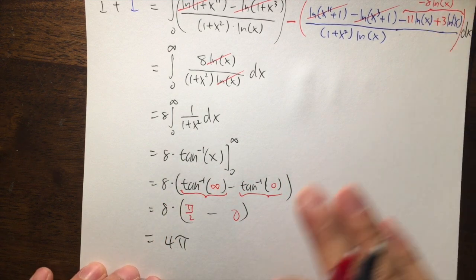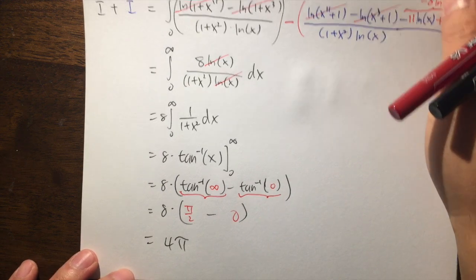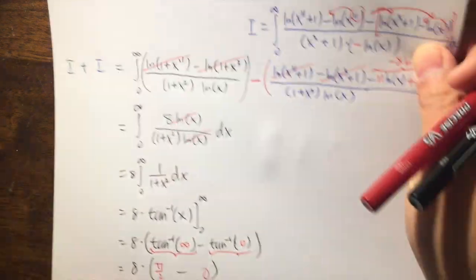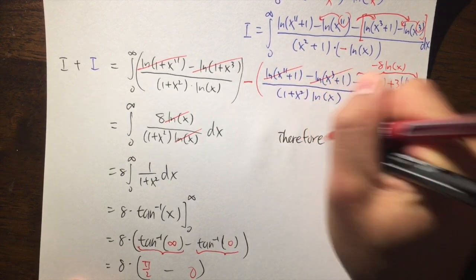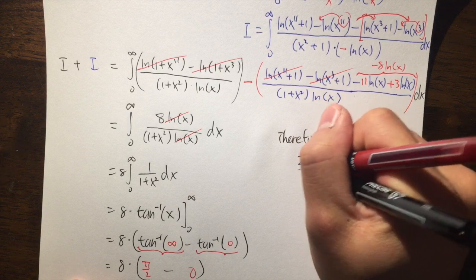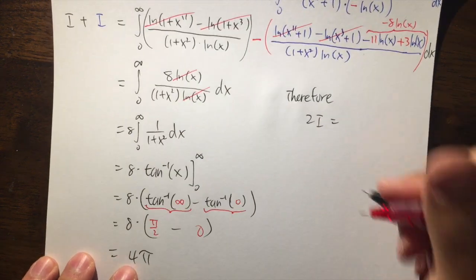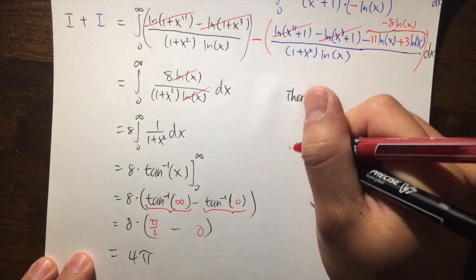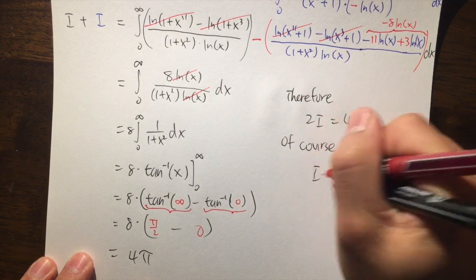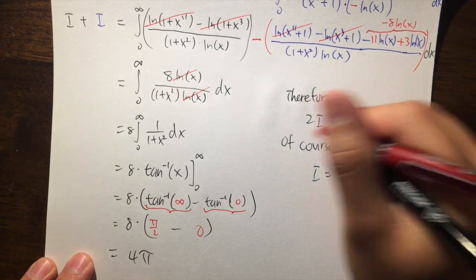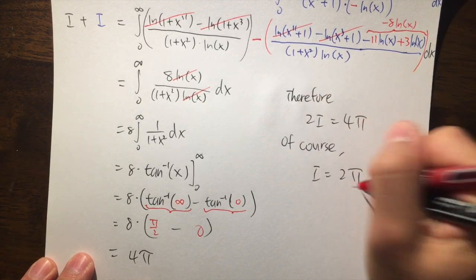Okay, but 4 pi is not the answer, because this is actually I plus I. So therefore, I'll just write this down. Therefore, we see that 2I is equal to 4 pi. Of course. I, which is the original, is equal to, divide both sides by 2, you get 2 pi.